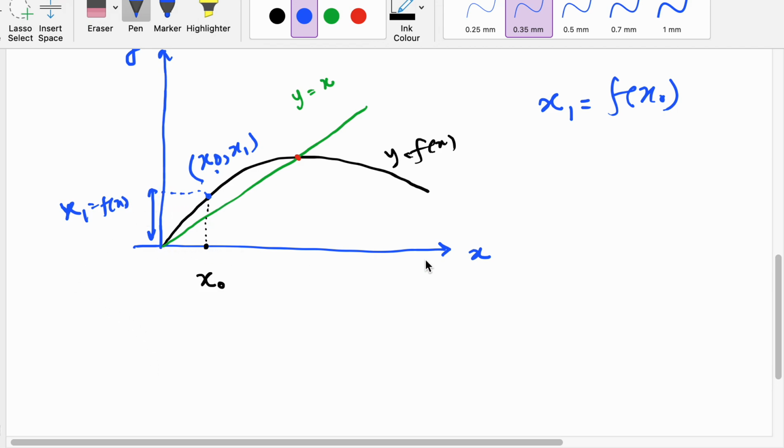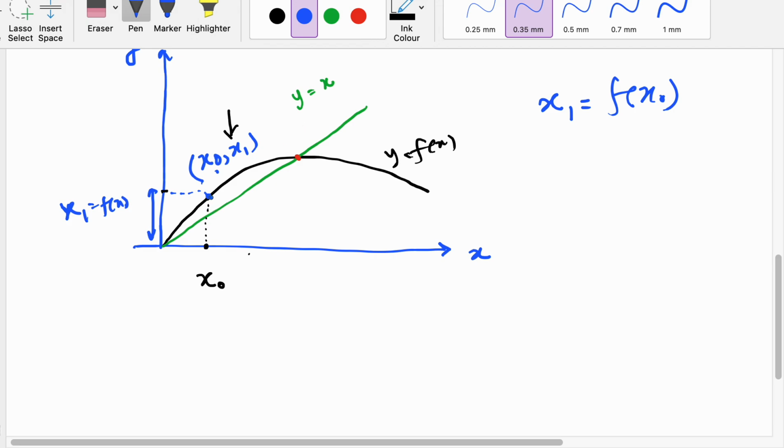Since here is the domain, to apply f on this x1, I have to take x1 on the x axis. But here x1 is on the y axis, it is the value of y. So one way is to make a reflection around this y equal to x axis.